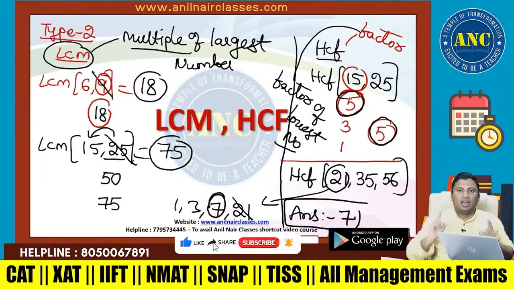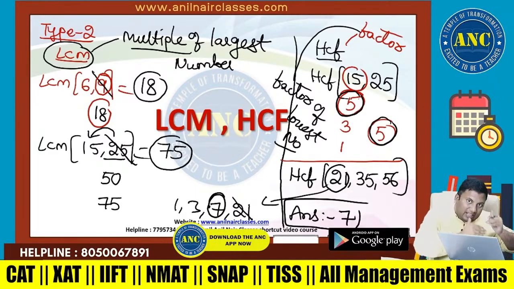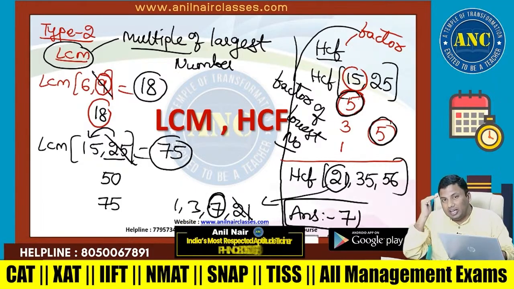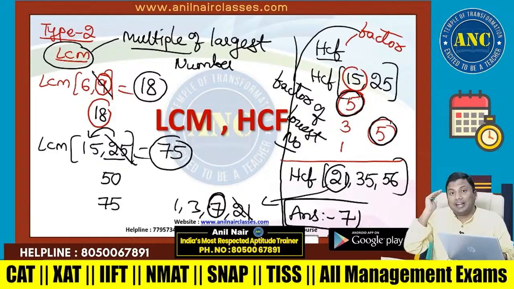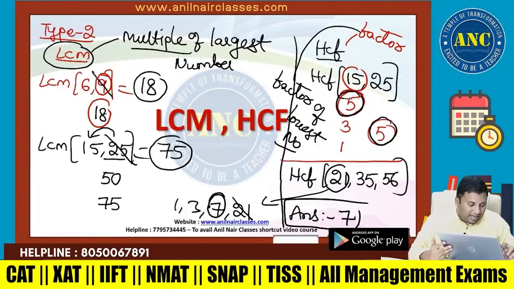LCM means multiple, so the largest number. If that largest number is not a multiple, take the multiples of the largest. In HCF, HCF means factor. The factor is of the lowest number. If the lowest is not satisfying, take the factors of that lowest number. I hope this idea is clear.